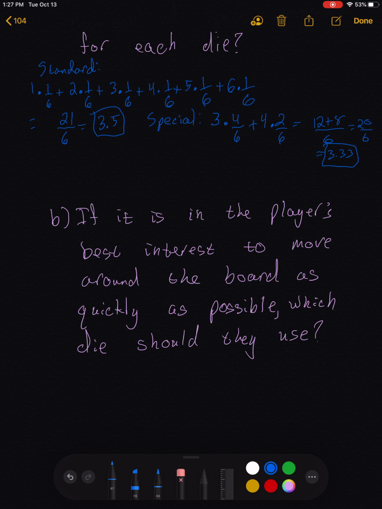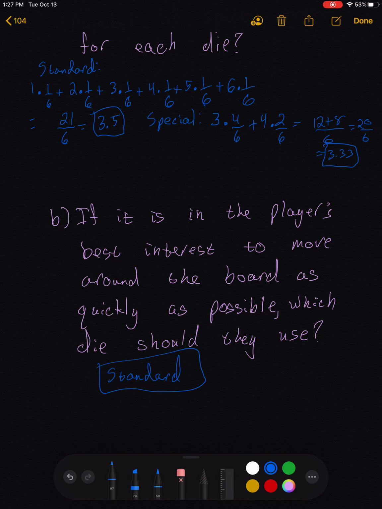So on average, the standard die is going to move you forward 3.5 spaces, whereas the special die would only move you forward 3 1/3 spaces. Since 3.5 is more, the standard die is the better choice if it's in our best interest to move as far as possible. So in that case, we should use the standard die.